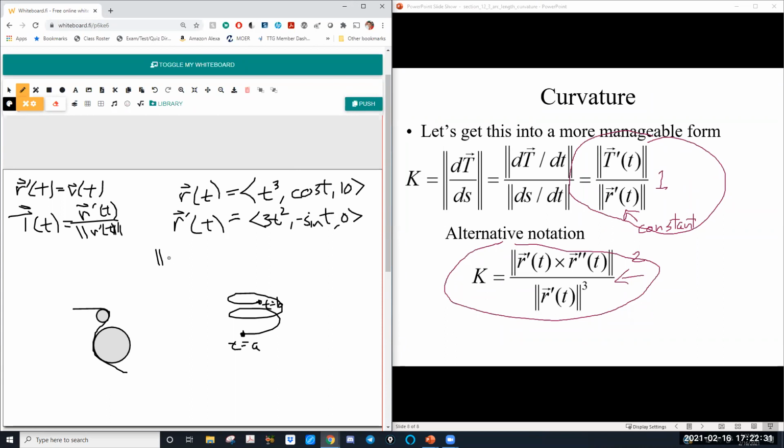And then the magnitude of r prime of t, we would have the square root of 9t to the 4th plus sine squared t, plus 0 squared. I'm just going to write that on there. This is going to be in terms of t, so it's not a constant.